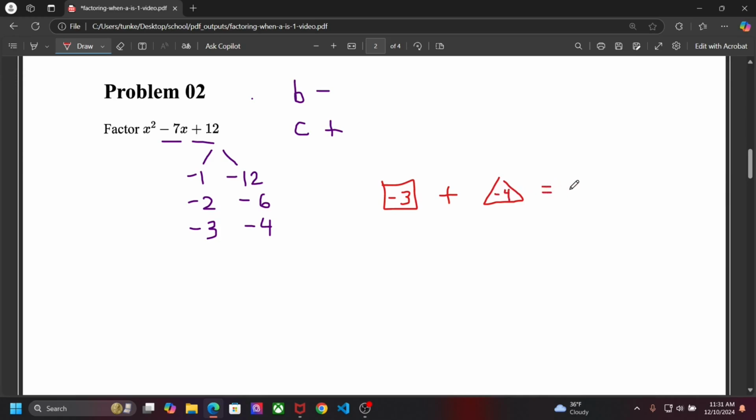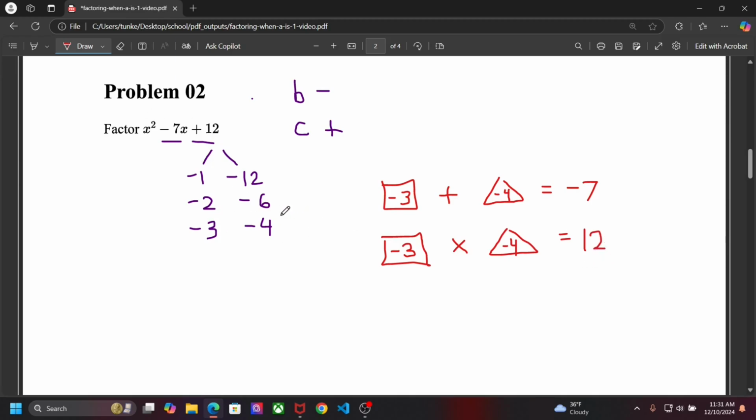That's going to equal that middle number, -7. And this works when I do the box times the triangle. Also, -3 times -4, that's going to equal +12. So that will work as well.